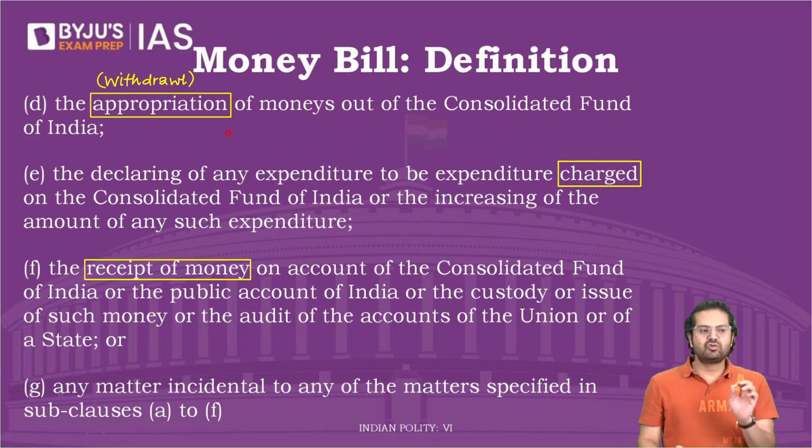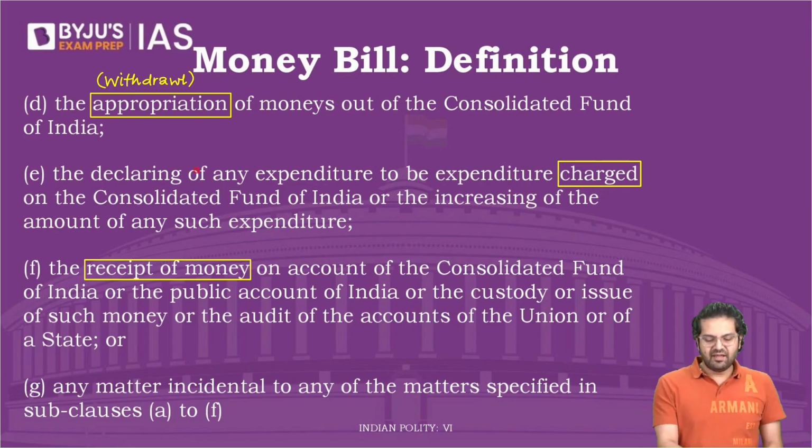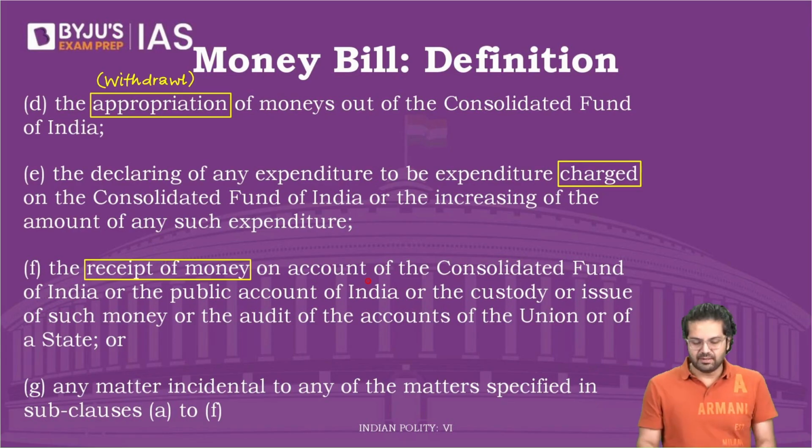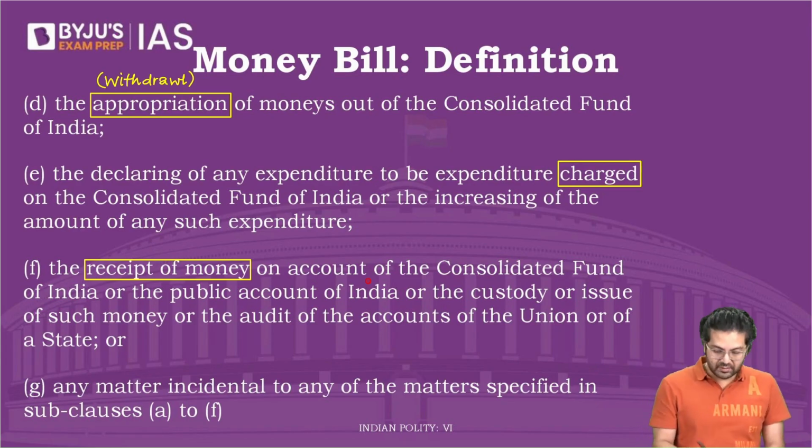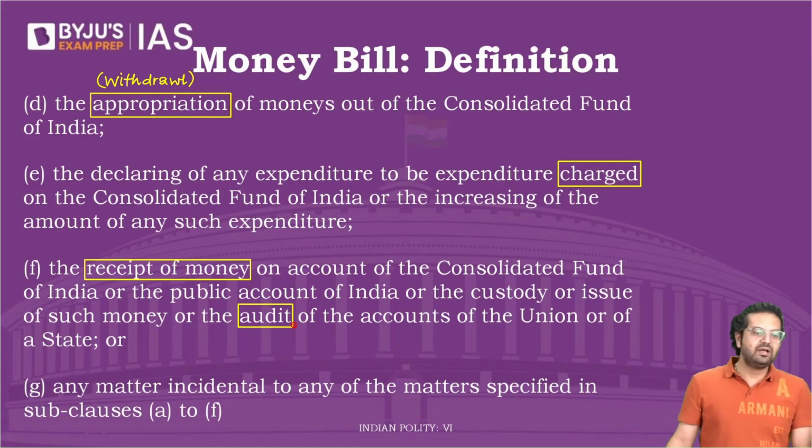A proposal should not have any other thing. And F point says receiving money on account of CFI or PAI. Or one more thing, audit of these accounts. Any kind of audit of these accounts are also money bills. Clear? Everybody?